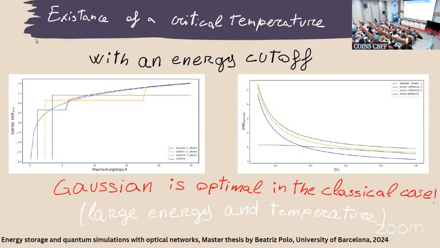What we see is that if I want to increase energy, the first photon addition or subtraction will give me the first level, and then I can optimize between the first two energy levels using Gaussian operations, and then I have to increase every time. This increases the non-Gaussianity and also the signal to noise ratio.